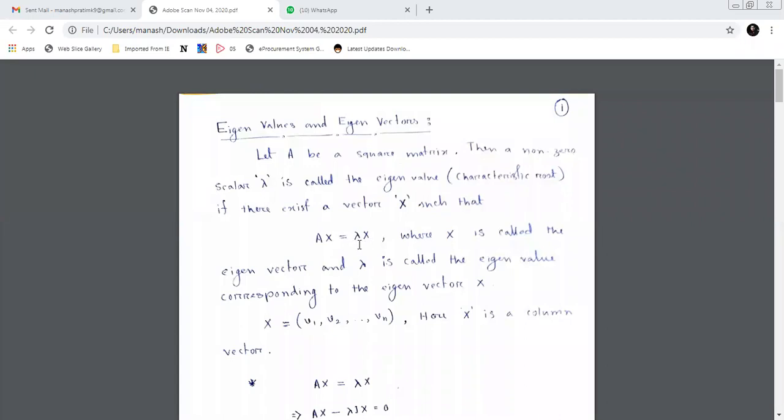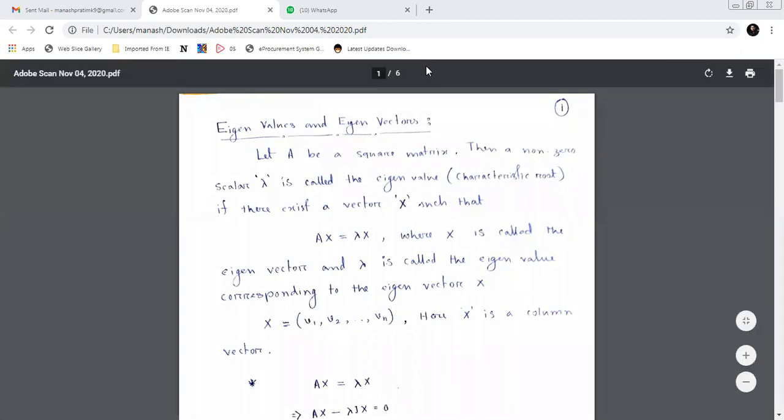This x is called the eigenvector, and lambda is called the eigenvalue corresponding to the eigenvector x.